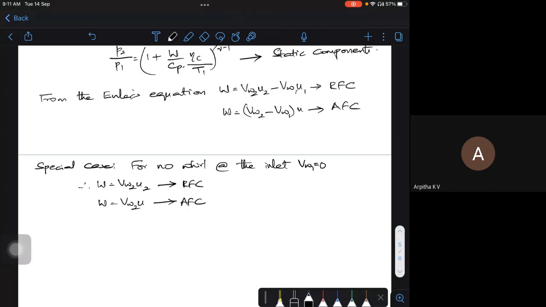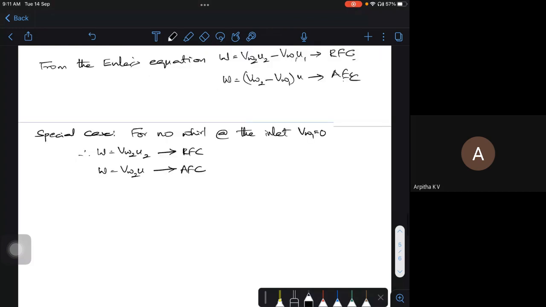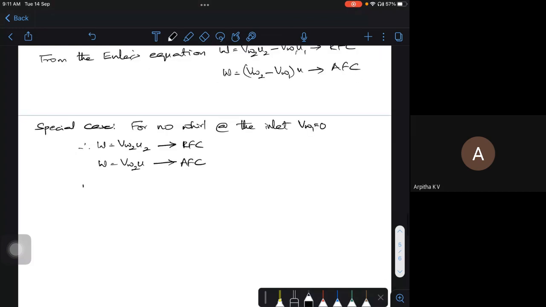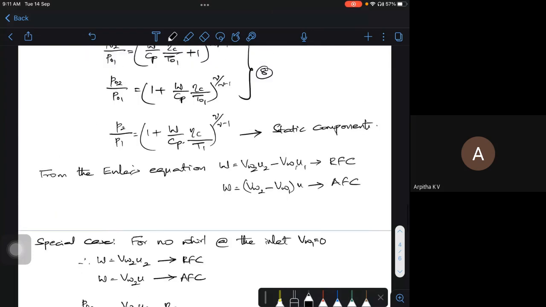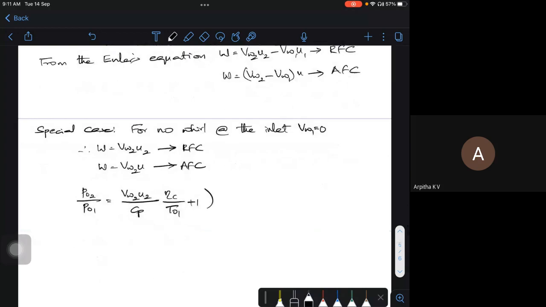Or I can directly write the pressure ratios for these conditions like this. P02 by P01 is equal to, in place of W, I can write VW2 into U2 divided by Cp into compressor efficiency divided by T01, plus 1, the whole to the power of gamma by gamma minus 1, for a radial flow compressor.